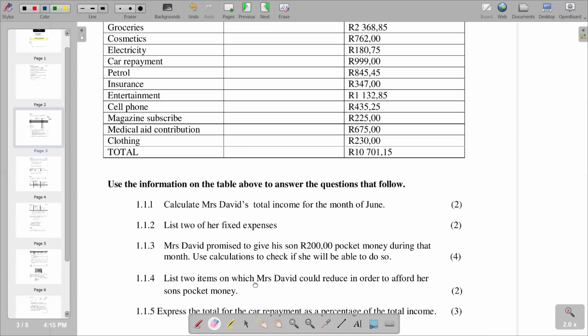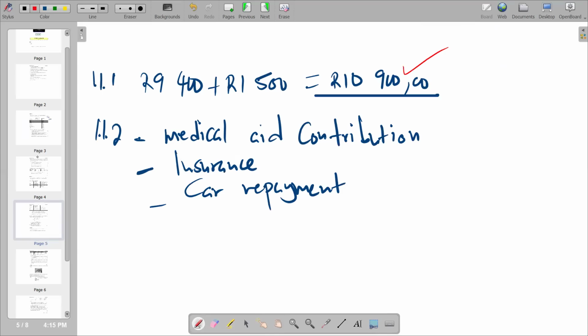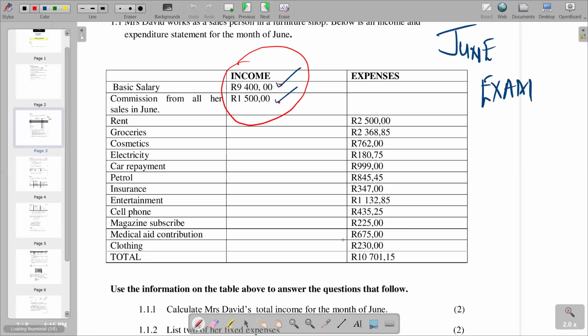So remember, we have calculated the total income and we got our answer of 10,900. And then our total expenses, we're given here as a total, represented by 10,701 rands, 15 cents.